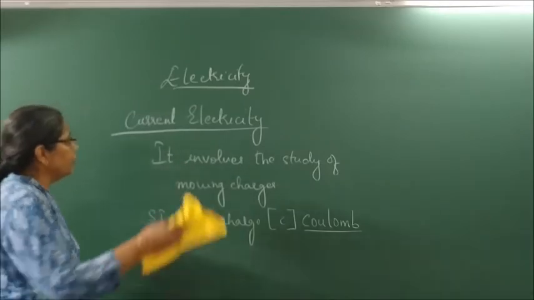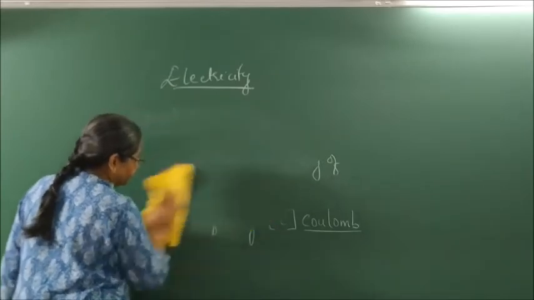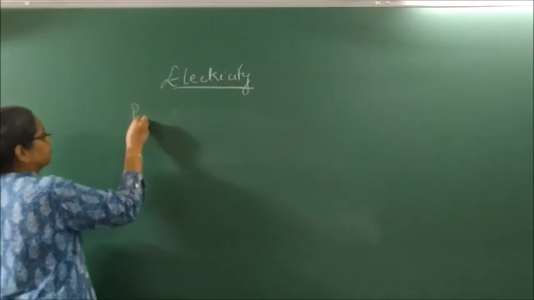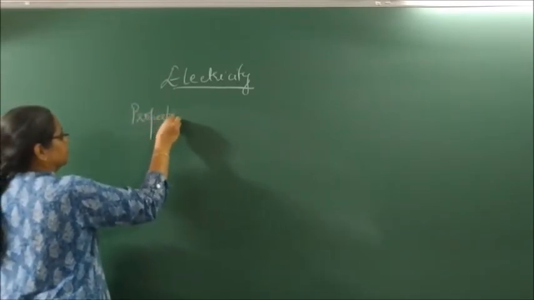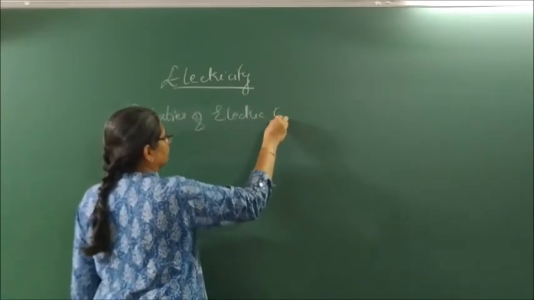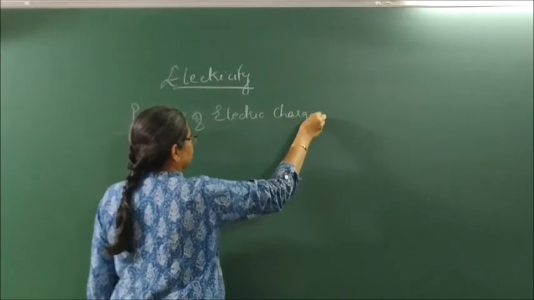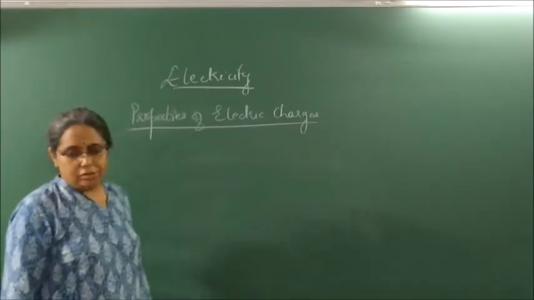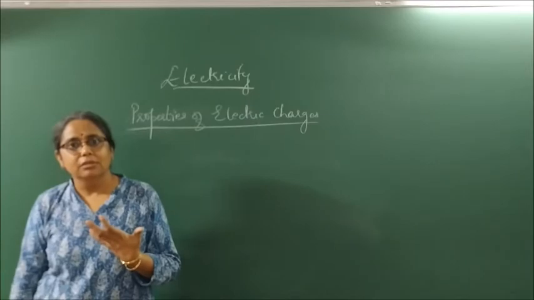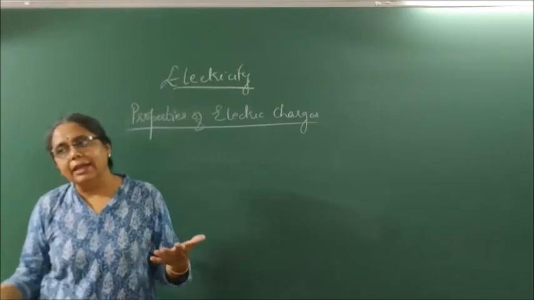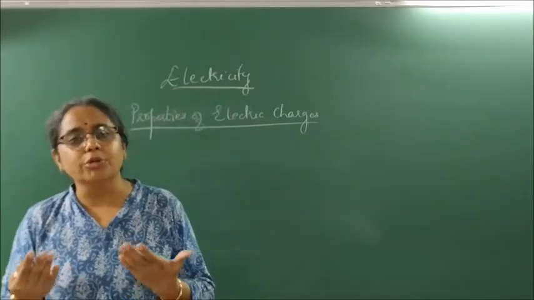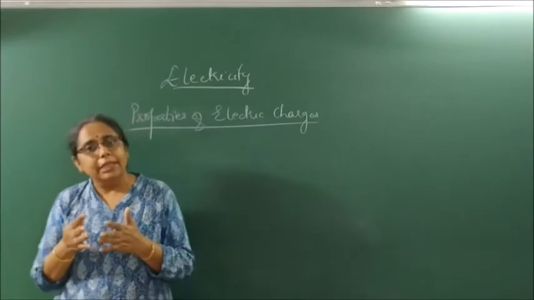Now, properties of electric charges. All of you know that like charges repel each other and unlike charges attract each other. If there are two positive charges kept closer to each other or two negative charges kept closer to each other, they repel each other.